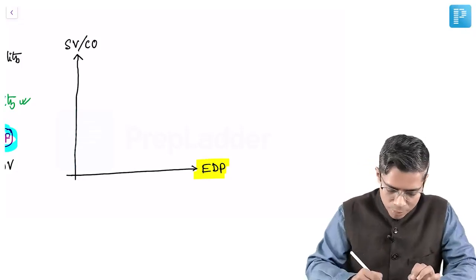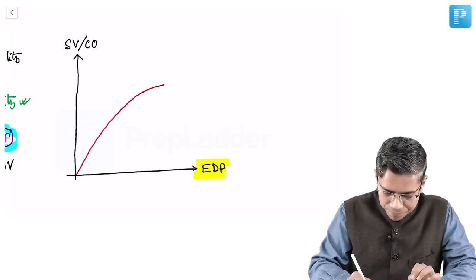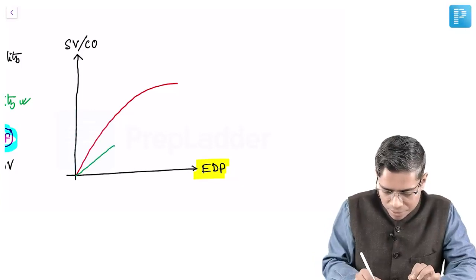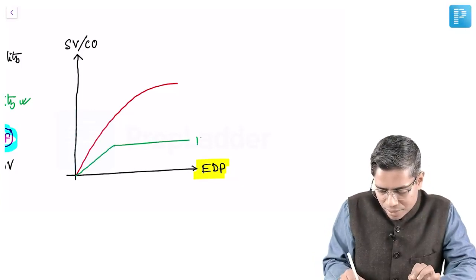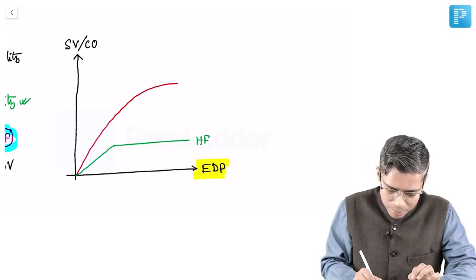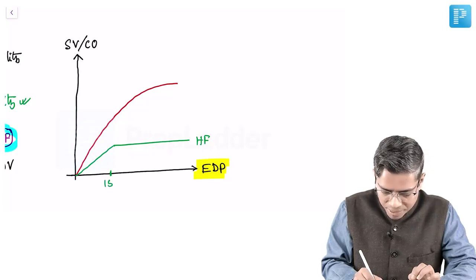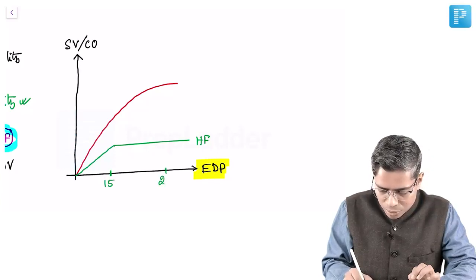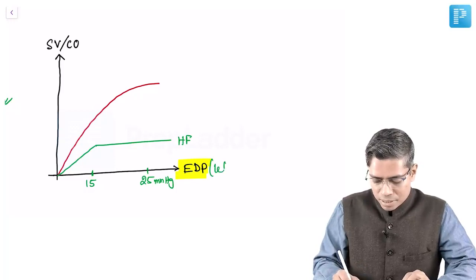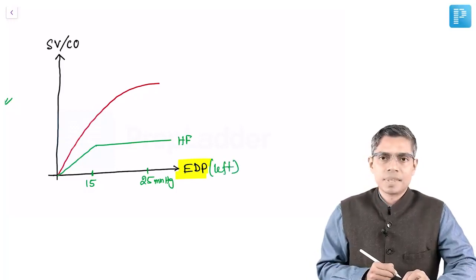So I am drawing the normal curve here, and this is the curve of the heart failure patient, right? So suppose that this pressure is 15 millimeter of mercury and here the pressure is 25 millimeter of mercury. You have plotted this curve from which ventricle? This is plotted from the left ventricle.